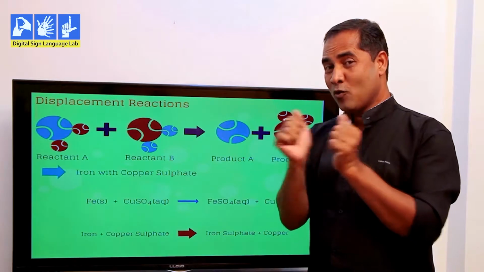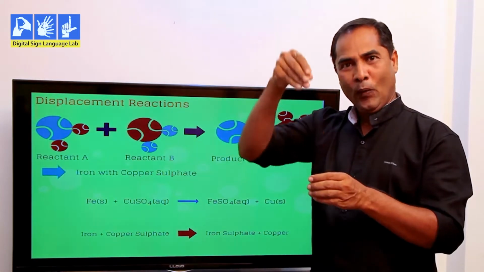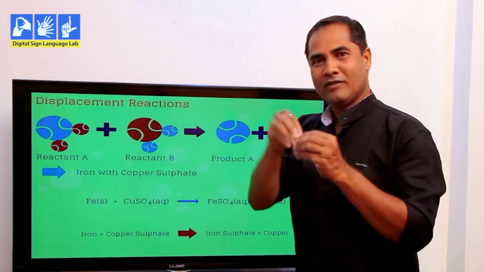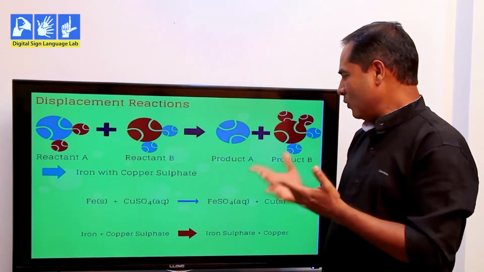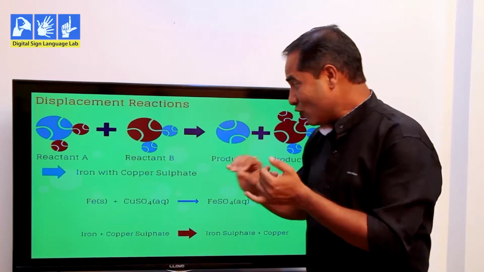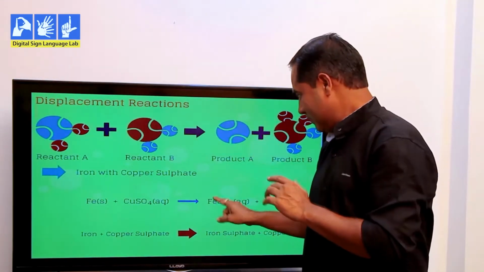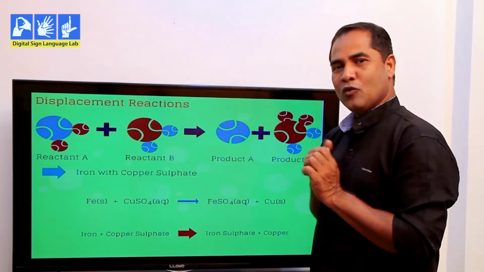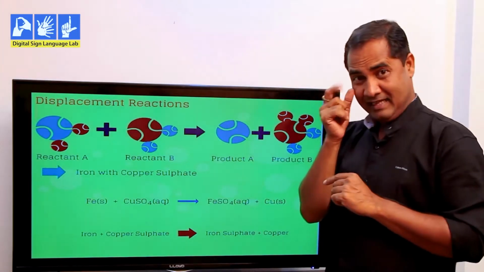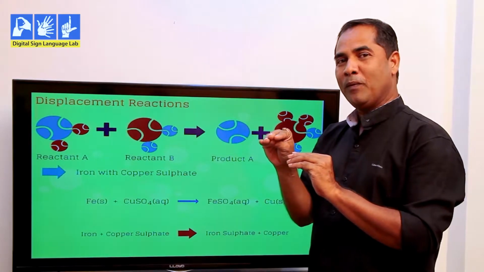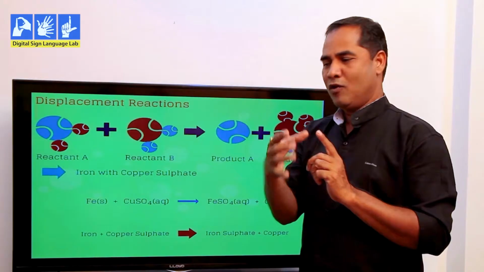That's the copper sulfate solution. When you put iron nail in the copper sulfate solution, the AQ here stands for that the solution has water in it, you would get, so the sulfate which was earlier with copper combines with iron and it forms iron sulfate. So displacement reaction occurs.